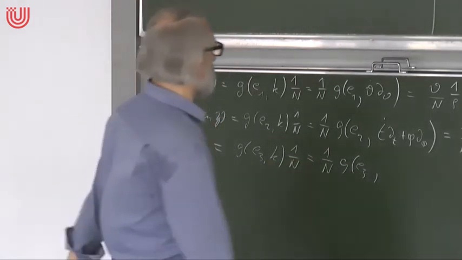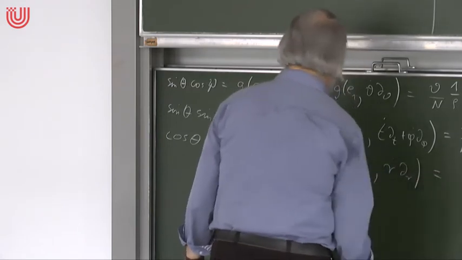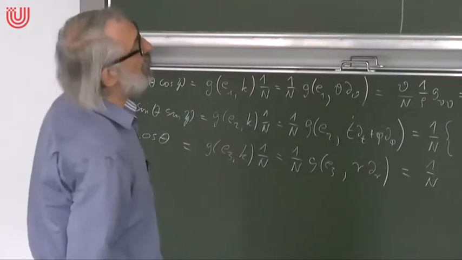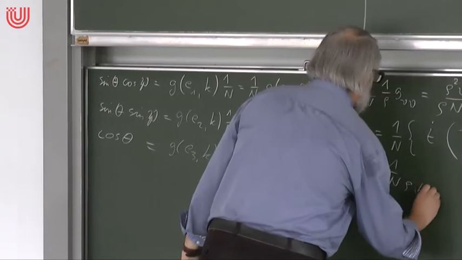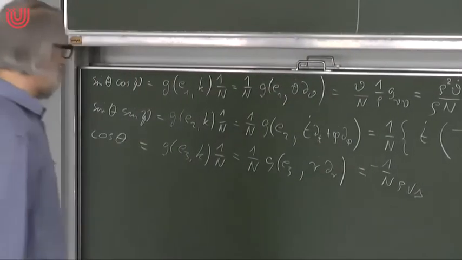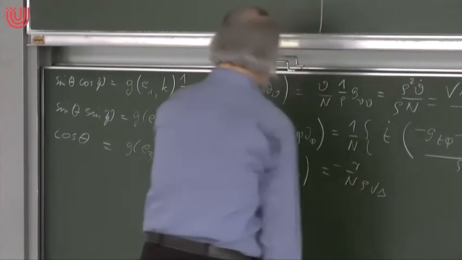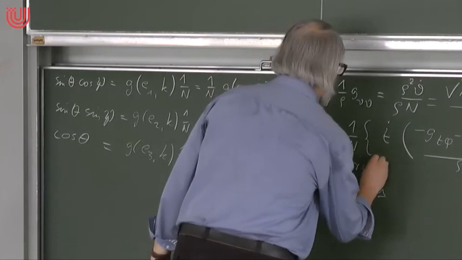This is r dot d by dr. And this is 1 over n. So E3 is minus rho over root delta. I have an r dot here. And GRR is rho squared.